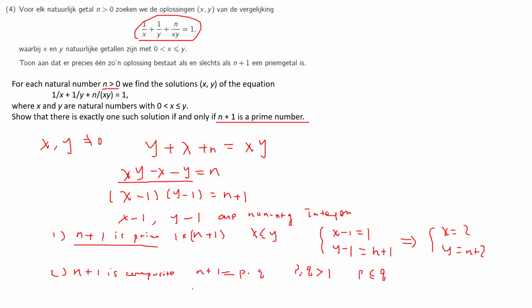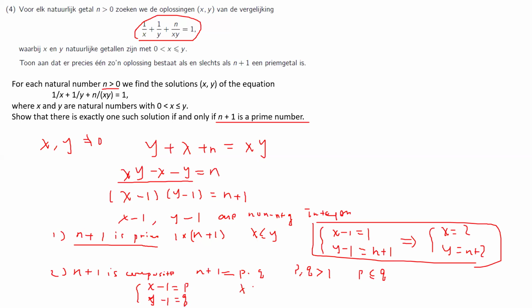So in addition to this solution, we have a second solution, at least: x minus 1 equals p and y minus 1 equals q, which gives x is p plus 1 and y is q plus 1. So that shows if n plus 1 is composite, the equation gives at least two solutions.